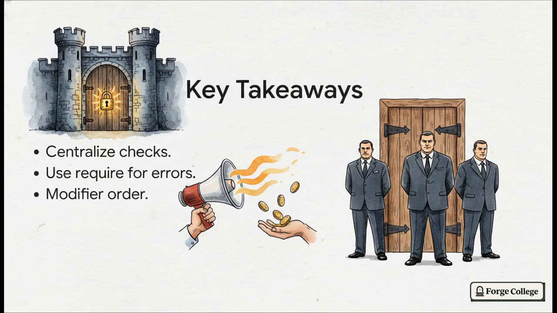First, centralize your logic with modifiers. Don't repeat yourself inside every single function. Second, always use require to give clear, explicit error messages and to save your users gas when they inevitably make a typo. And third, remember that stacking order absolutely matters. The sequence you list them in dictates exactly which bouncer checks the caller first.